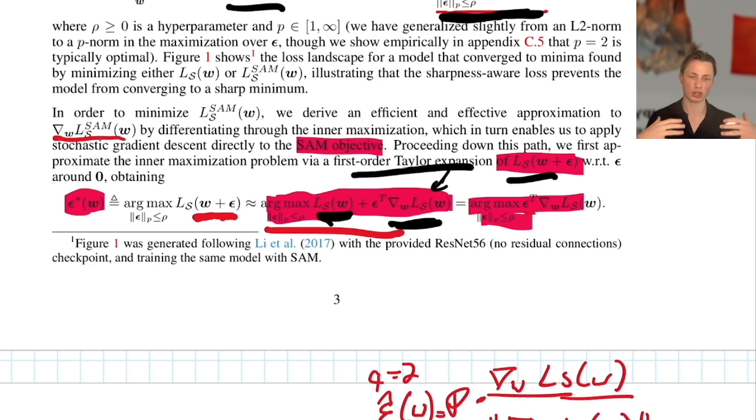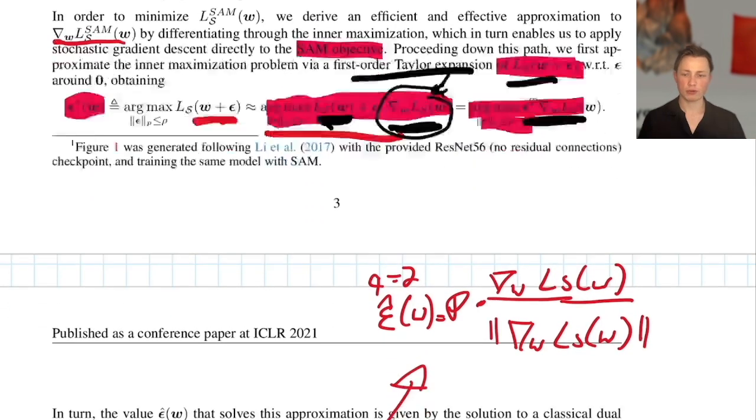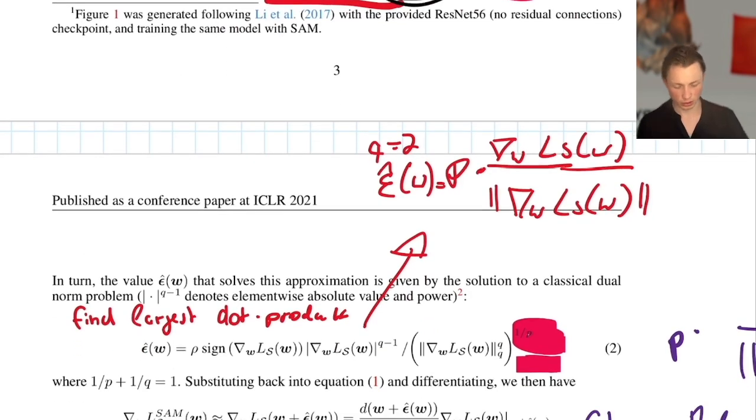Because if the dot product is high, then both vectors are pointing in the same direction, and this is what you want to achieve, because this gradient tells us in this direction the loss goes up the most, and in the other directions it goes down. So we want to find epsilon in a way that we take the largest dot product, so that we are looking in the same direction as our gradient, in order to increase the loss. And therefore it's just a classical dual norm optimization problem.